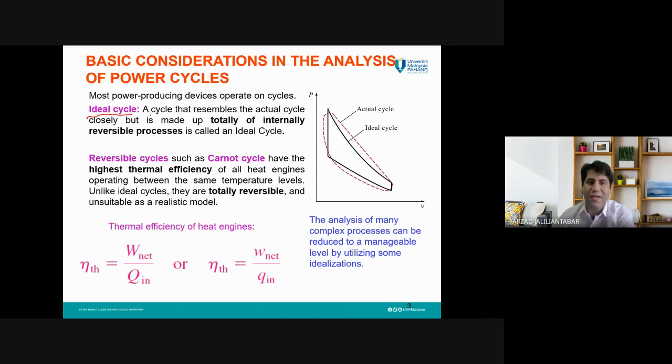This ideal cycle is a cycle that resembles the actual cycle closely, as you can see here. There is a difference between the actual and ideal cycle, but it is almost close to the actual cycle. But it is made up totally of internally reversible processes. Because of that, we call that an ideal cycle.